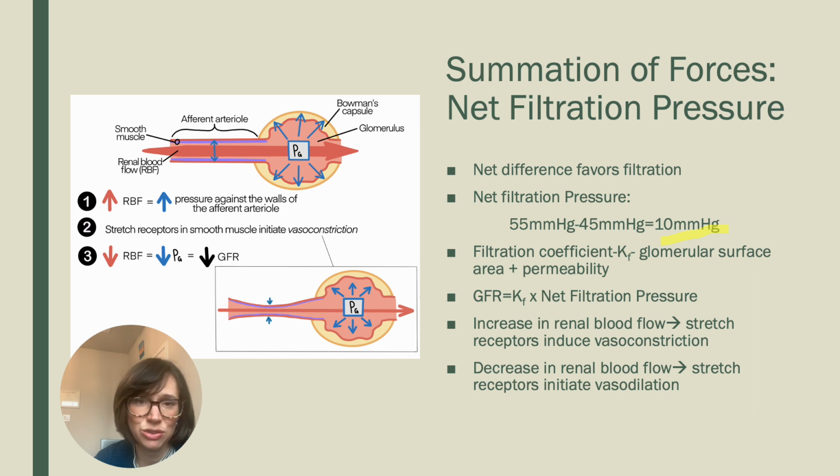When we take this net filtration pressure and factor in the effects of glomerular surface area and permeability, collectively called the filtration coefficient, we can derive the glomerular filtration rate, which is the filtration coefficient times the net filtration pressure.